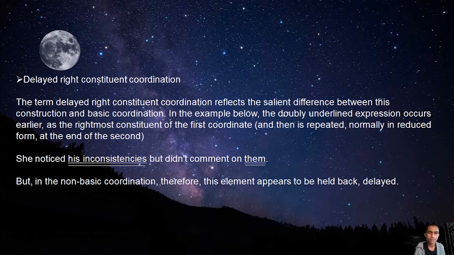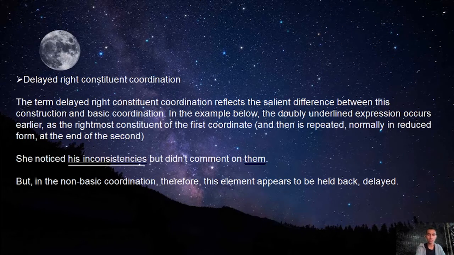appear early as the rightmost constituent of the first coordinate and then are repeated, normally in reduced form, at the end of the second. So the doubly underlined expressions occur earlier as the rightmost constituent of the first coordinate and then are repeated normally in reduced form at the end of the second.